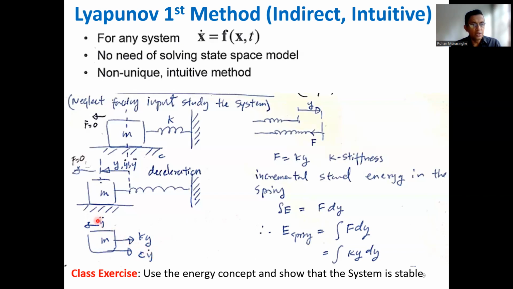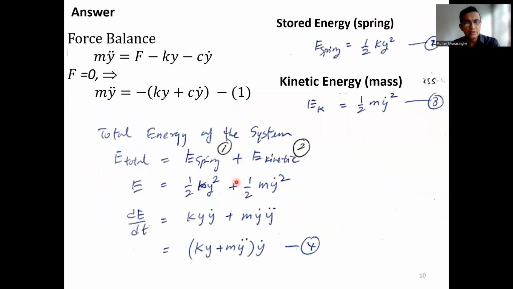Because the motion is to the left, which is positive, we write the equation of motion in that direction. Let's assume a force F, and then minus these 2 forces is equal to m times y double dot. So that is this equation over here: F minus ky minus c y dot equals m y double dot.